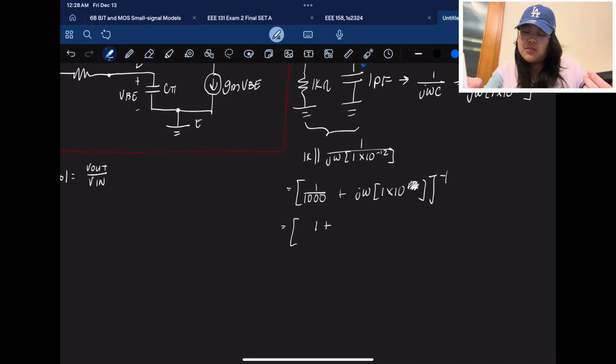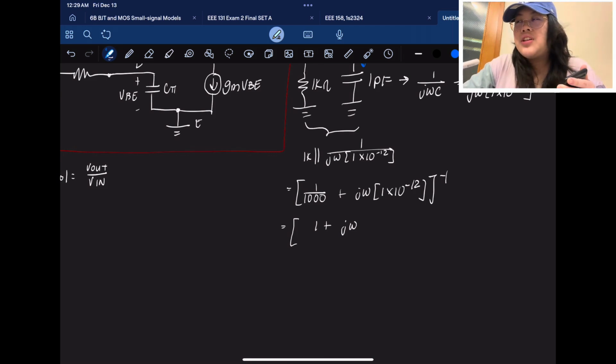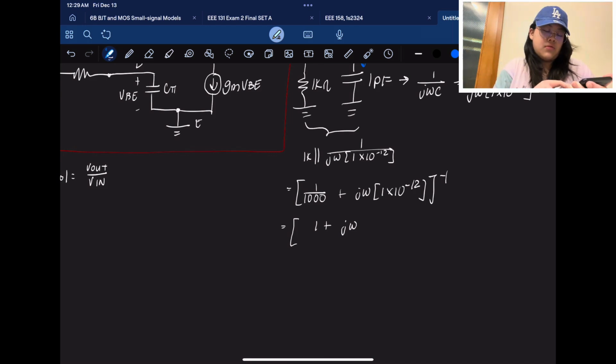Should it be negative? I guess, negative 12. So when negative 12 times 1,000, 1 over JW, what did Ma'am Tess do? Why is it positive? Wait a moment. One over JWC, negative. And then when you inverse, it keeps its value. Sorry, my bad. Inverse of the inverse.